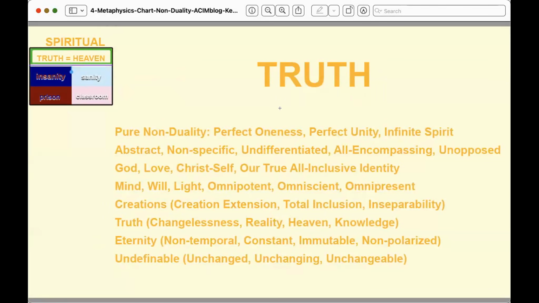Everything below the line, and if you look at the little legend in the upper left, the green outline is saying this is all that this slide is about, the truth or the heaven right beyond the duality of the ego mind and the Holy Spirit mind. Because the Holy Spirit, once we're done with our forgiveness classroom, disappears because it's not needed, and so do the decision maker and the tiny mad idea, which never happened. They all just kind of wink out because they never were there.